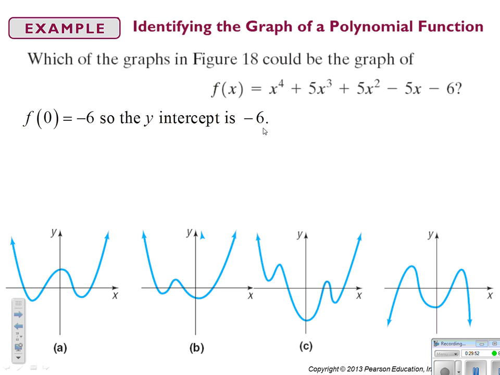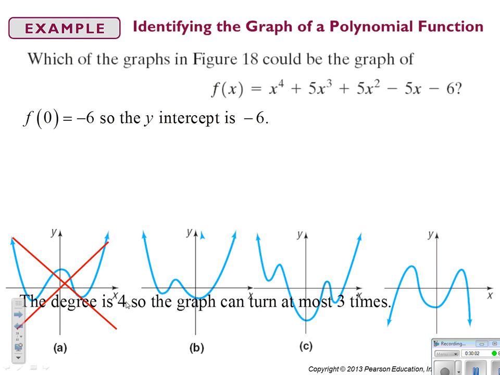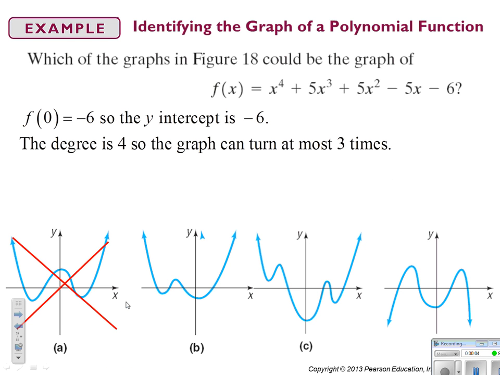We plug in 0 and we get -6. So we need a y-intercept at -6, so that excludes A. The degree is 4, so it can turn at most 3 times.